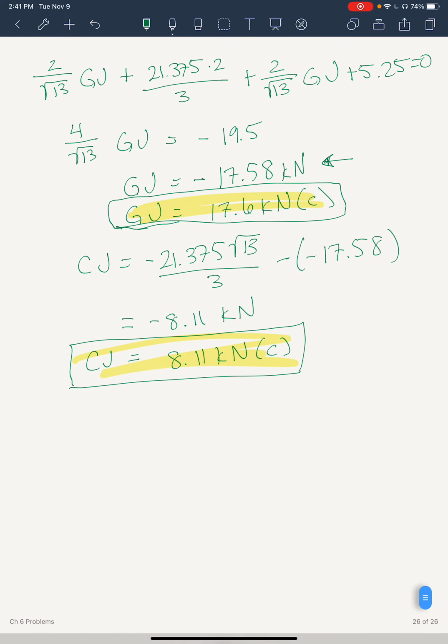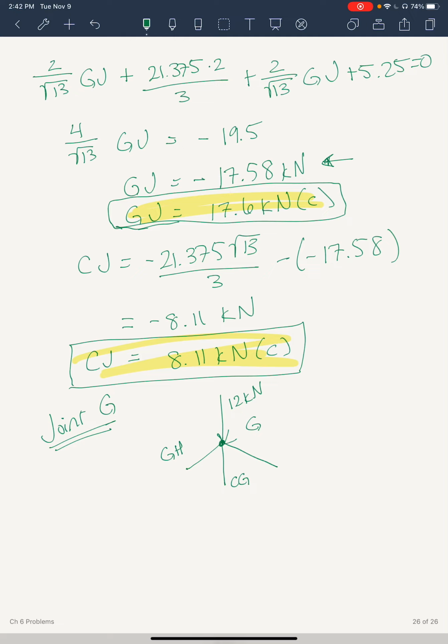So now go to joint G. In joint G we have, so notice now we're having to pull in that method of joints. So 12 kilonewtons. GH. CG, which is the one that we're interested in. And then GJ.